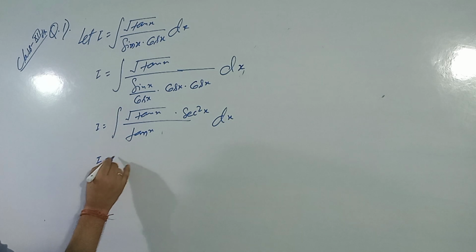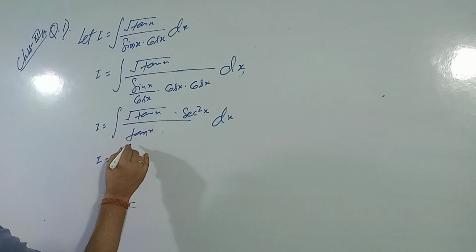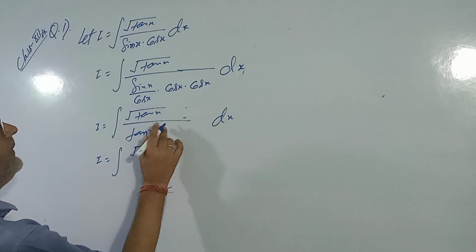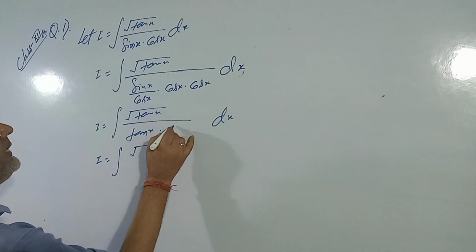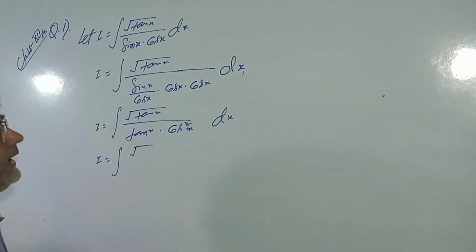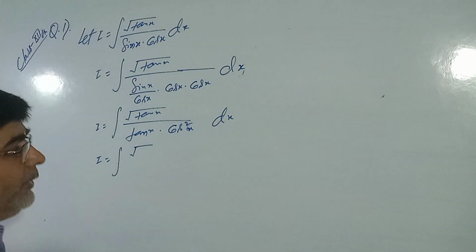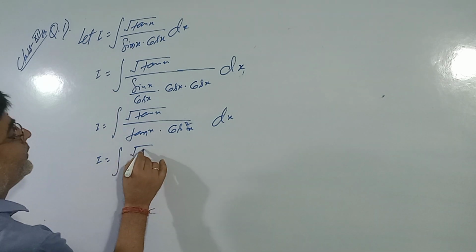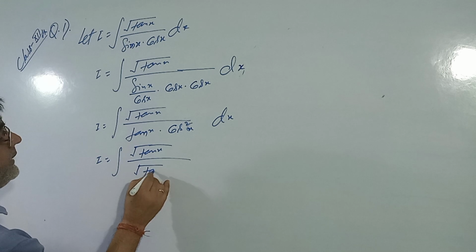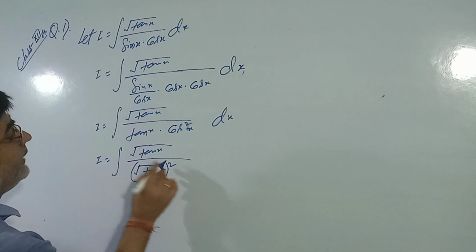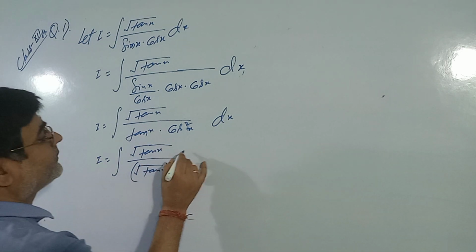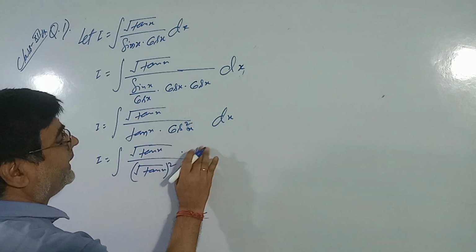So I equals root tan x, that is written in the form of cos square x. We know that cos square x is written in the form of sec square x. So root tan x over root tan x whole square, because root tan x square equals tan x, and the cos square goes to sec square x.